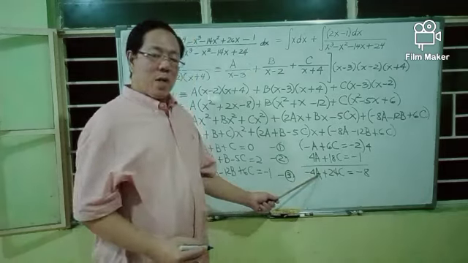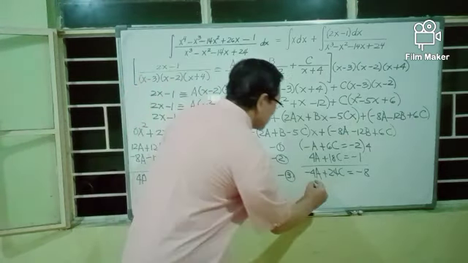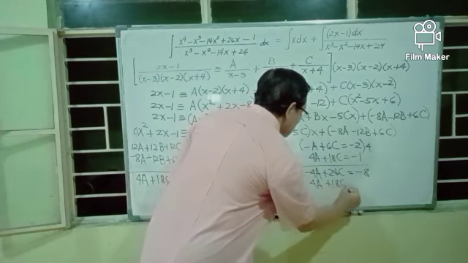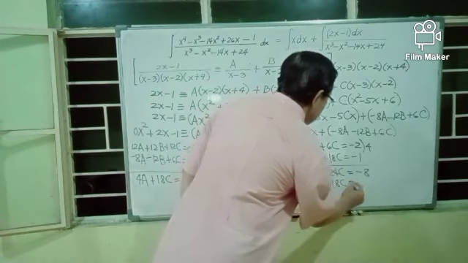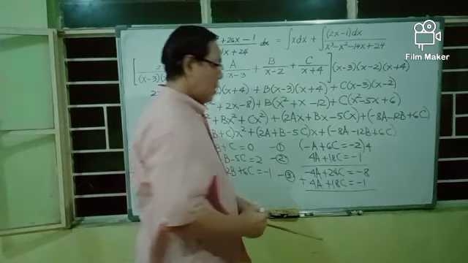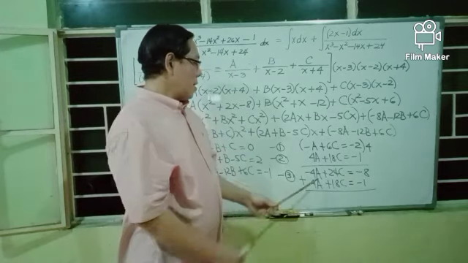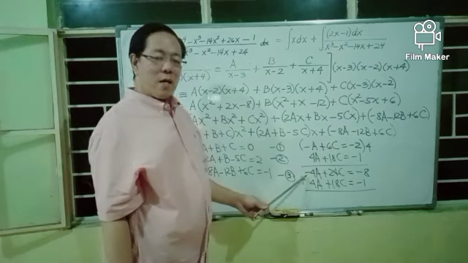To this equation, we add the second equation, 4a plus 18c equals negative 1. And we eliminate a by addition because the coefficient of a in the 2 equations are numerically the same, 4, but opposite in signs.